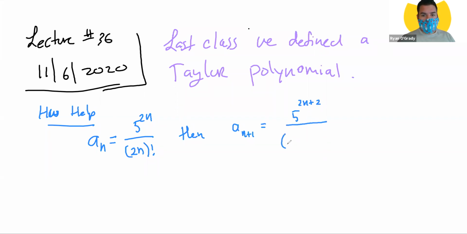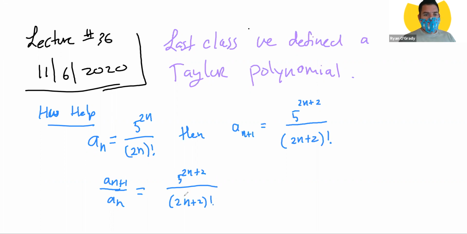And then downstairs, the way I would think about this is 2n plus 2 factorial. So if you take this and divide, a sub n plus 1 over a sub n, to save space I'm going to write it assuming we're okay with this now.